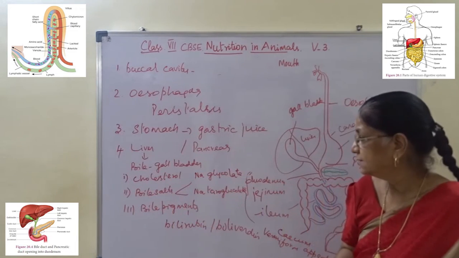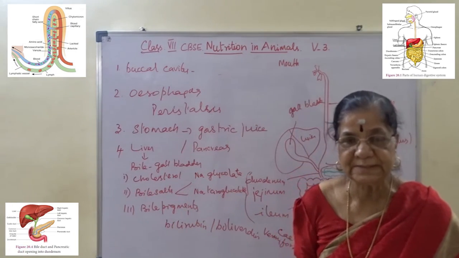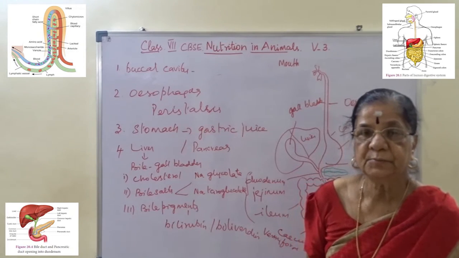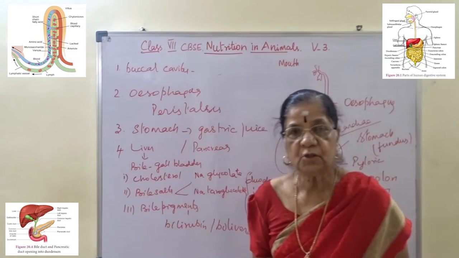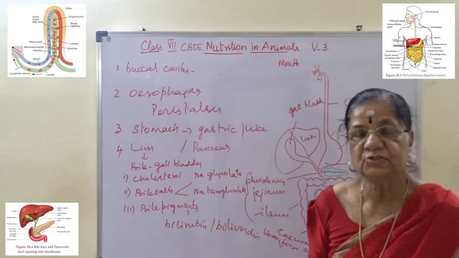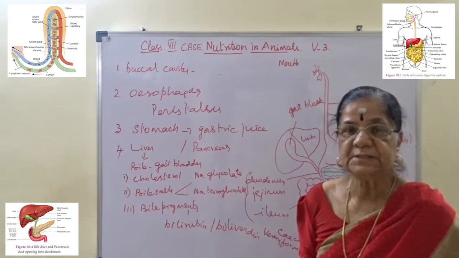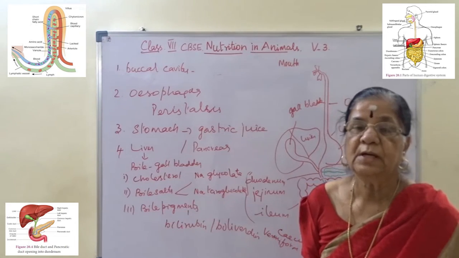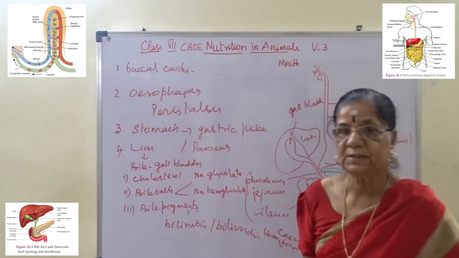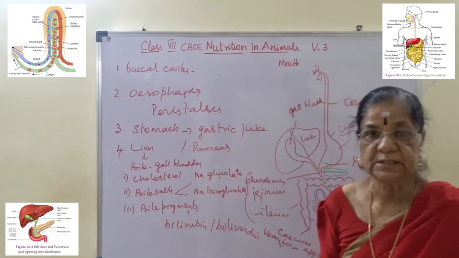And all these fats undergo the process of emulsification, where they are made into small droplets as chylomicrons, where the fatty substances are broken into fatty acids and glycerol. So this is by the process of emulsification.